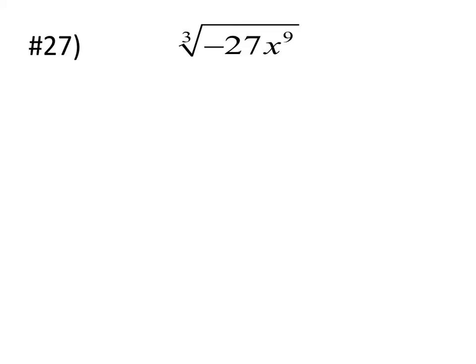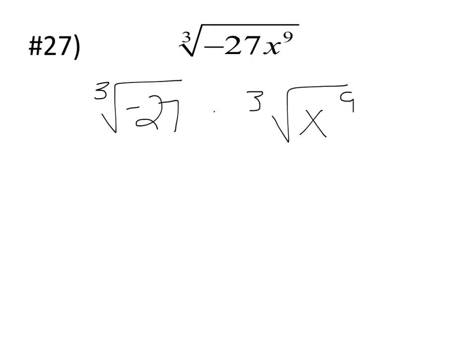Okay, break it up. So it's cube root of -27 times the cube root of x to the 9th. And you could have even broken this up further if you wanted to and did cube root of -1 times the cube root of 27. But you can leave them together because you guys can figure out what the cube root of -27 is.